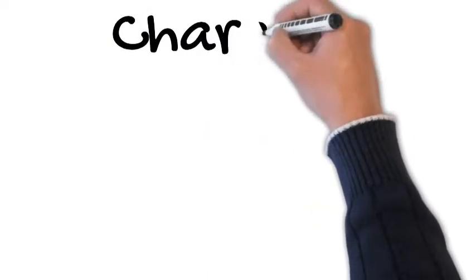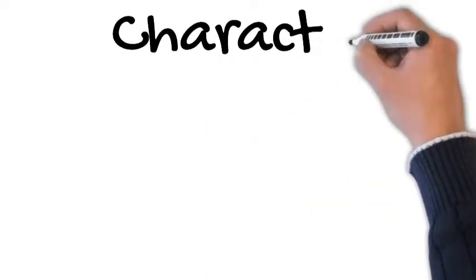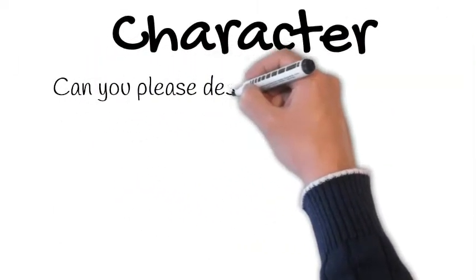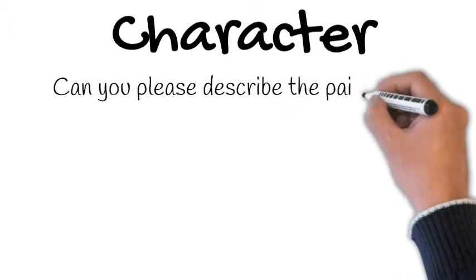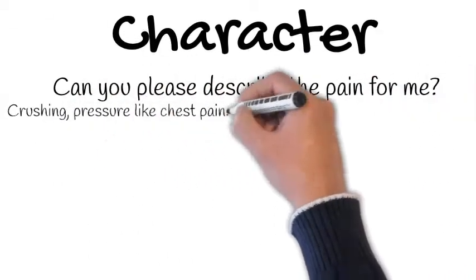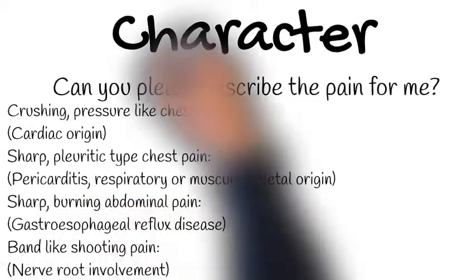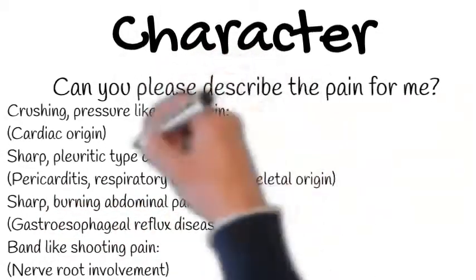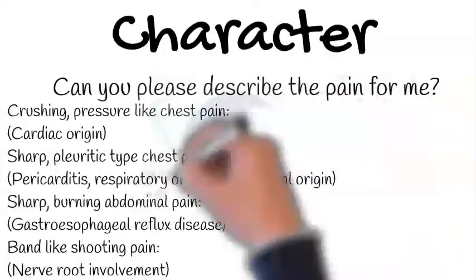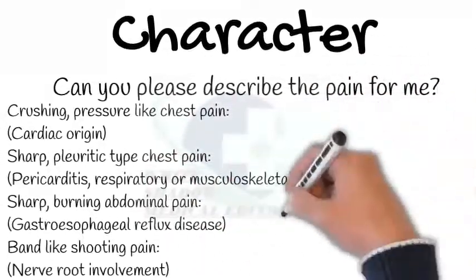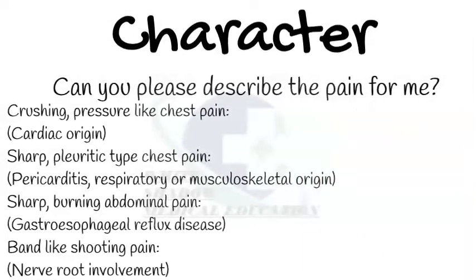If there were similar episodes in the past, ask when the last episode was. Character: can you please describe the pain for me? Crushing or squeezing, pressure-like chest pain has a cardiac origin, whereas pleuritic type chest pain may be due to pericarditis, respiratory, or musculoskeletal pathology. However, burning pain is due to gastroesophageal reflux disease, and a band-like shooting pain is due to nerve root involvement.